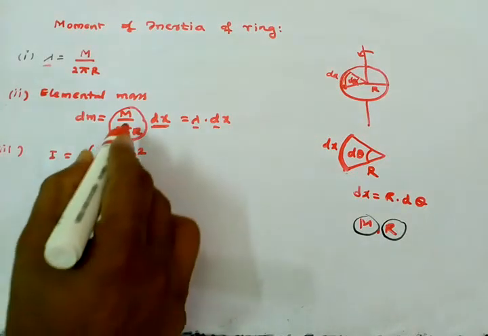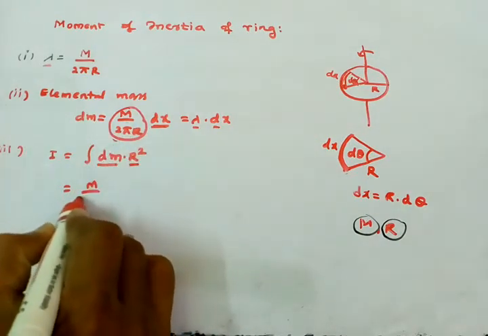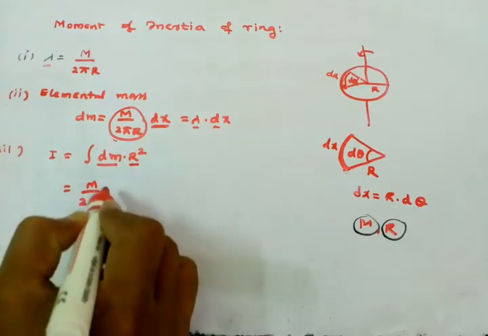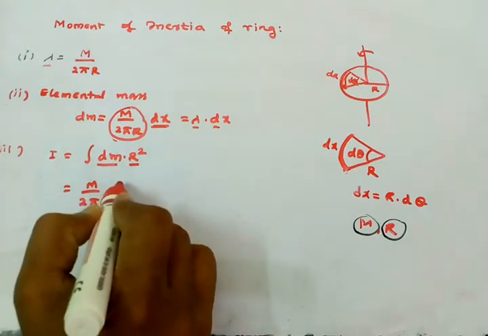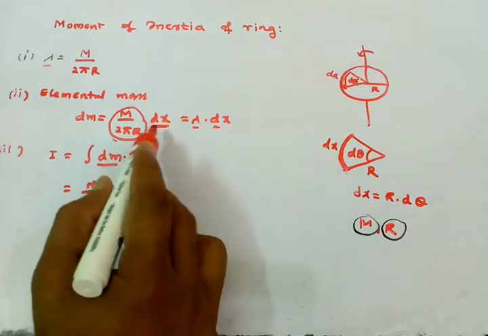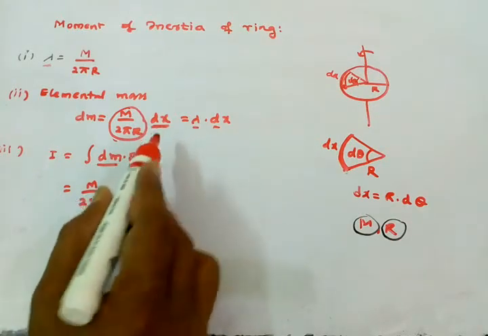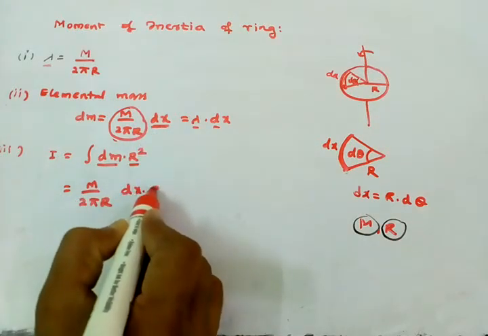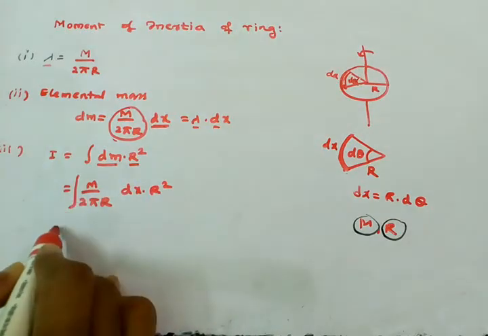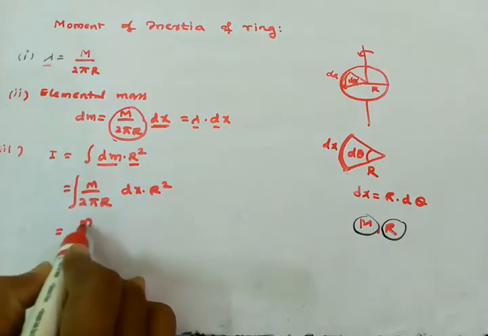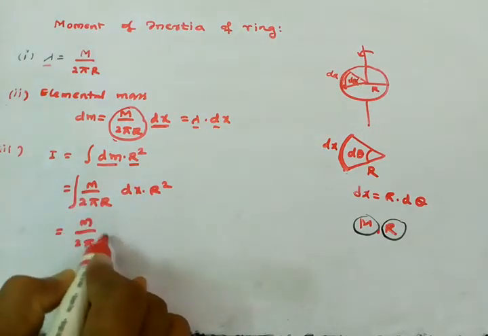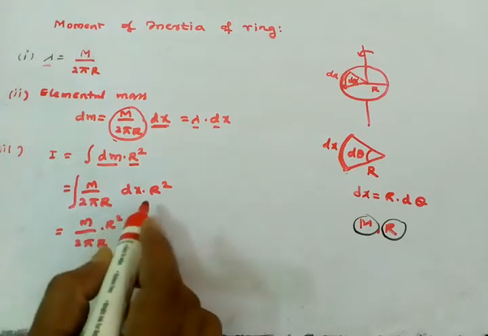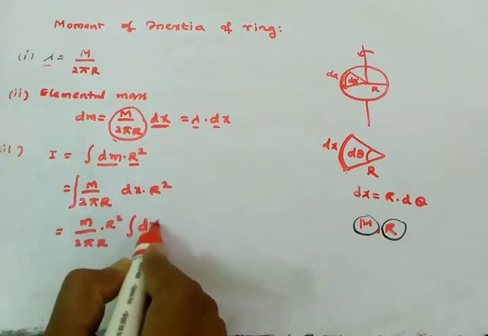Just substitute dm equal to m by 2 pi r into dx, into r square. So m by 2 pi r square dx.